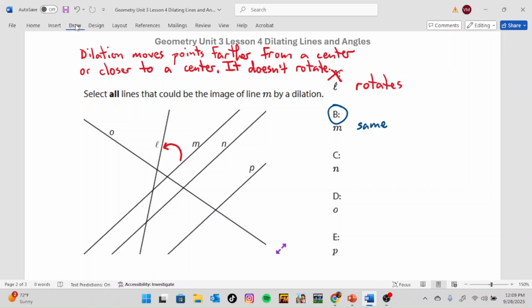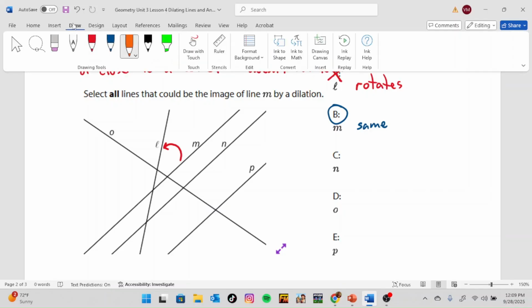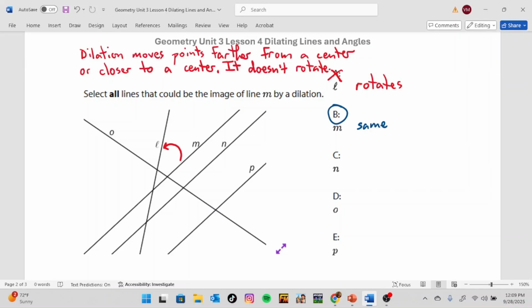The next choice is N. Depending on where your center is, this might have pushed it farther away if your center was over here in the upper left. It might have pulled it closer if your point was down in the bottom right, but it doesn't rotate.